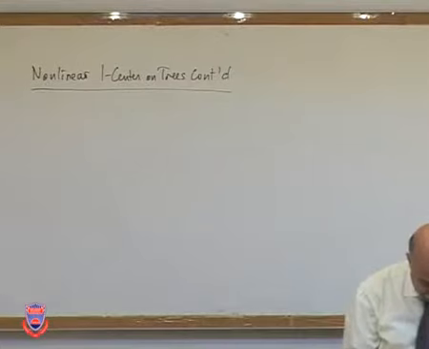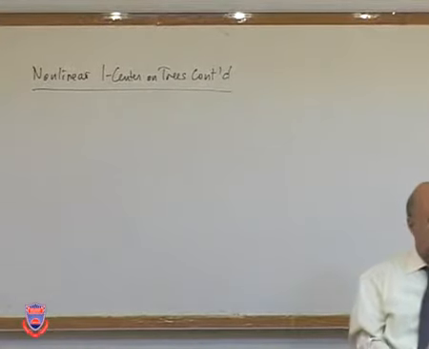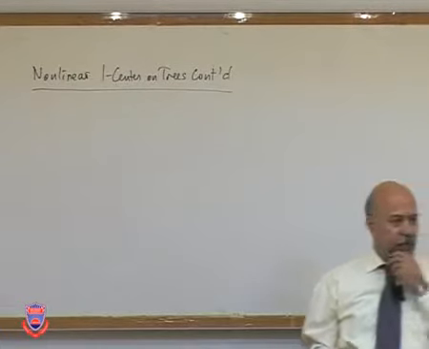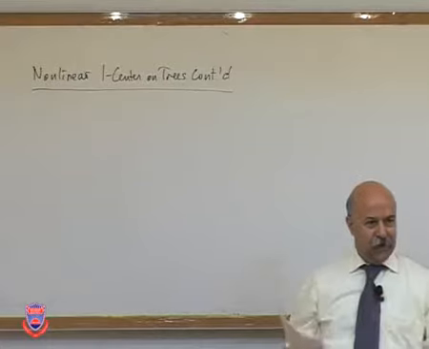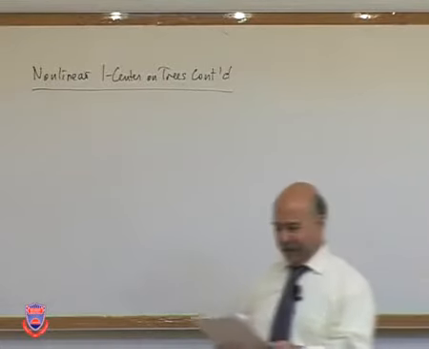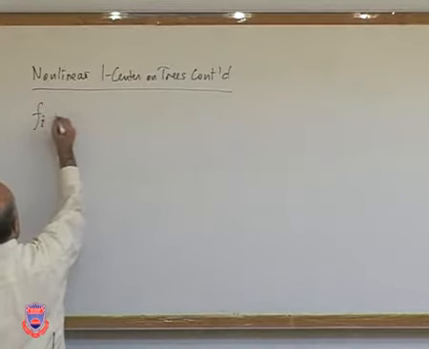I'm not sure how far we went, but I think we were discussing the domain of the inverse function, the inverse of that. So let me just begin with f_i.